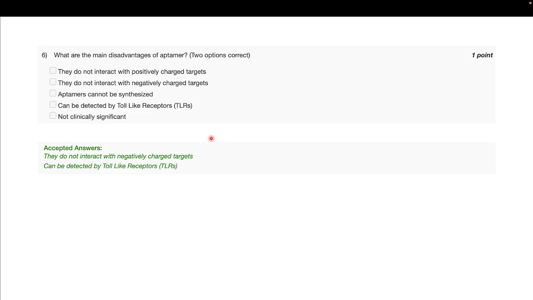So aptamers, as I said, are DNA sequences. So they are negatively charged. So if you have a target which is already negatively charged, your aptamers are not going to be of much help there because they'll repel the negative charge. So aptamers are very good to target something that is positively charged. So one disadvantage is they do not interact with negatively charged targets, and also these can be detected by toll-like receptors. Your toll-like receptors are part of your immune system.